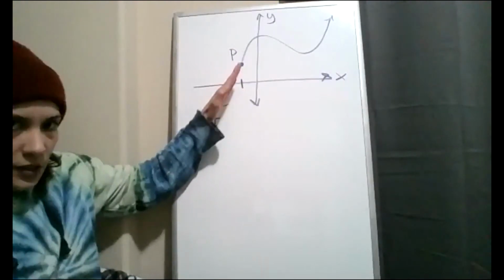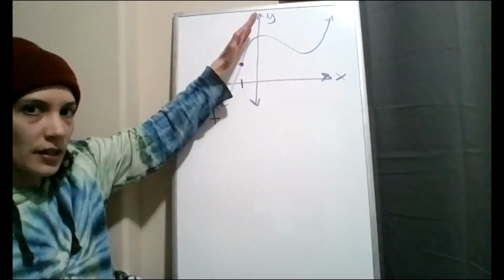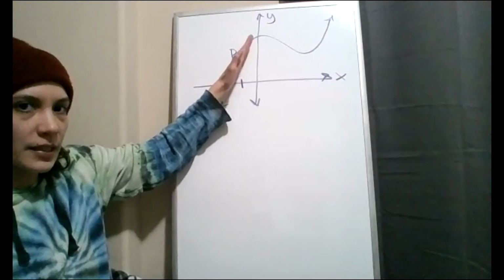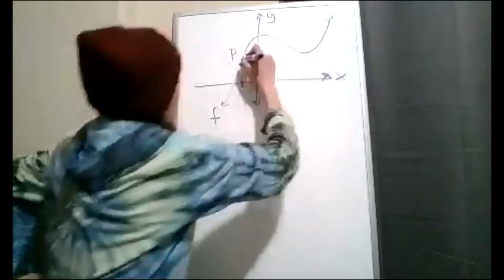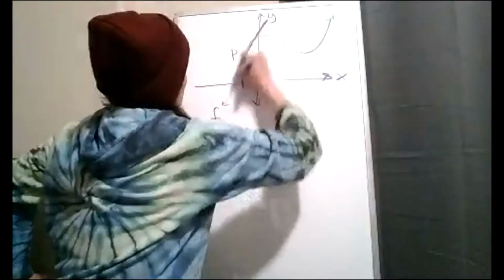It's going to touch the curve once and describe the slope of the curve right there.